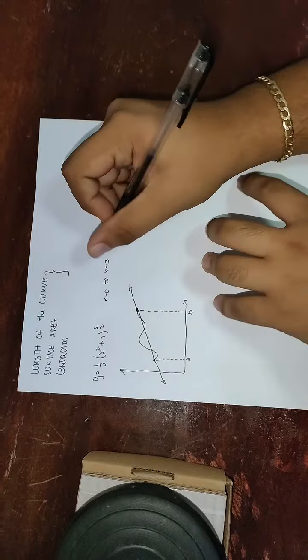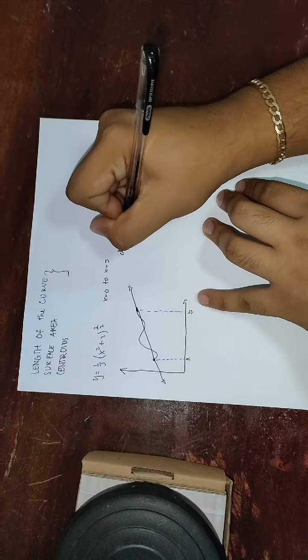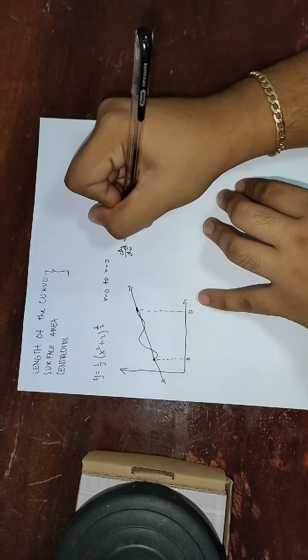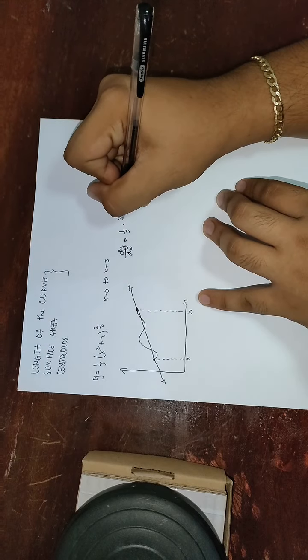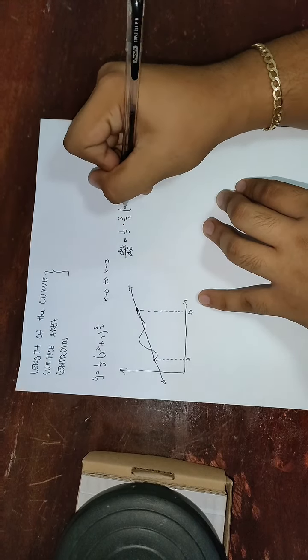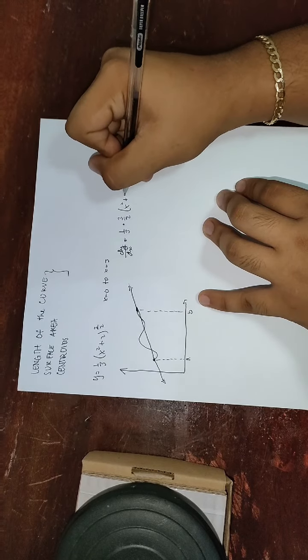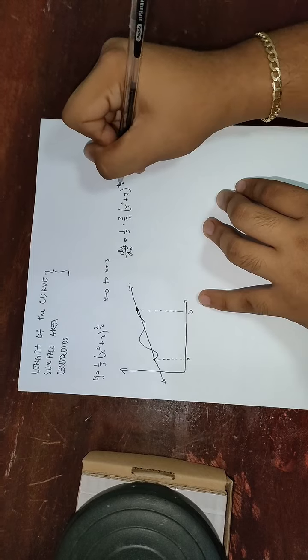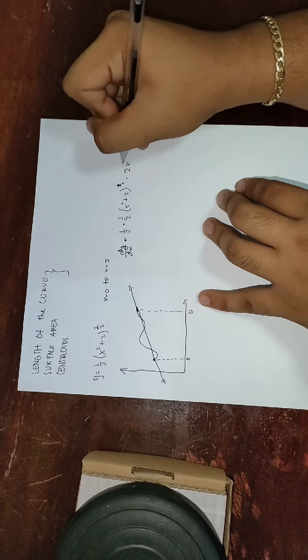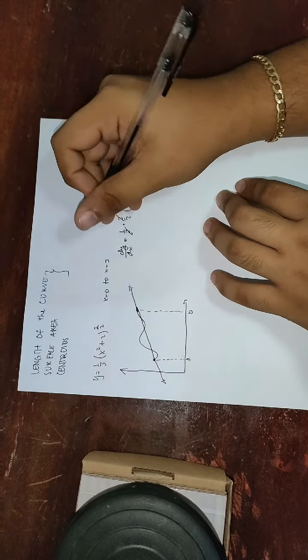So what we have to do is dy over dx equals 1/3 times 3/2 times the parenthesis, times 2x. This we will cancel out.